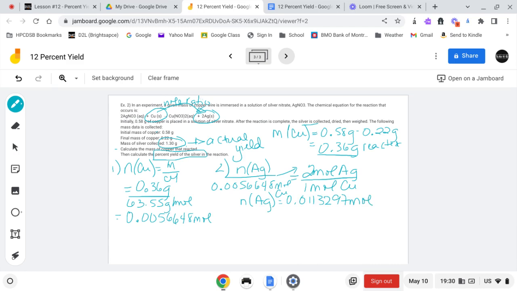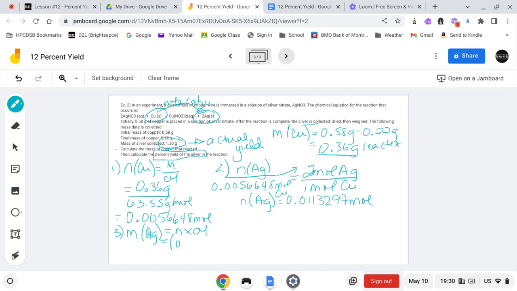Now, I want to know the mass of silver that I was supposed to obtain. This is the theoretical yield. So I'm actually going to move down here and calculate that. If you number your steps like that, it just makes it so much easier for everybody to follow along. So we're going to take moles times the molar mass.